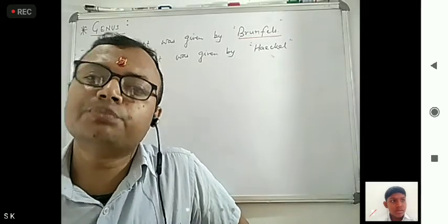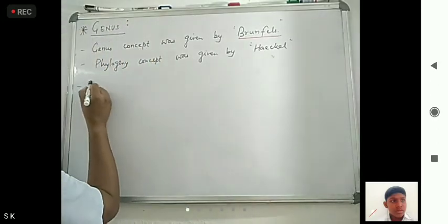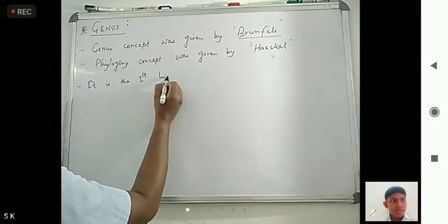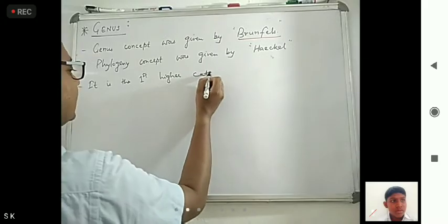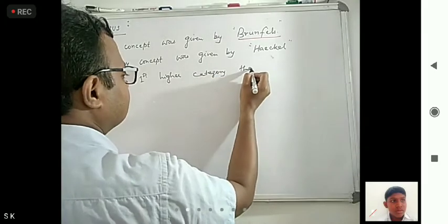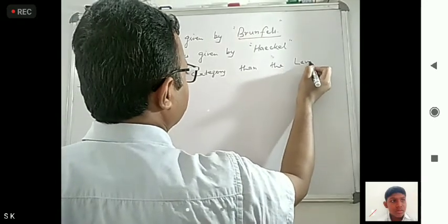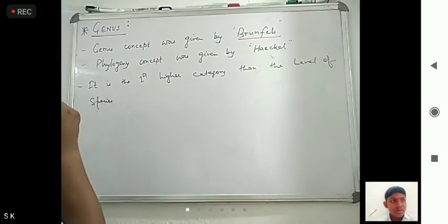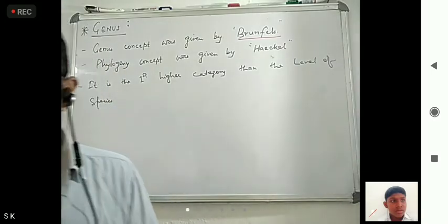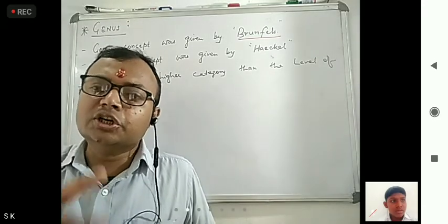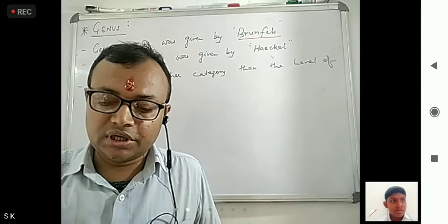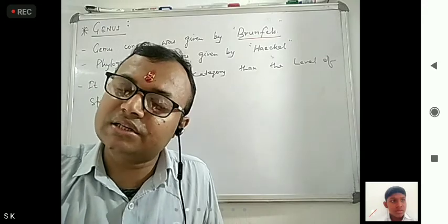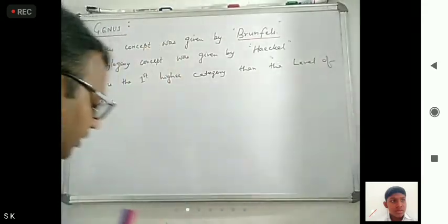Now we can say that genus is the first higher category, then the level of species.